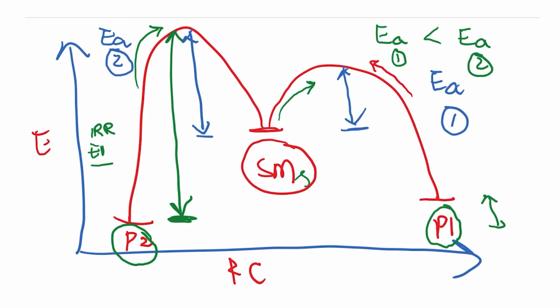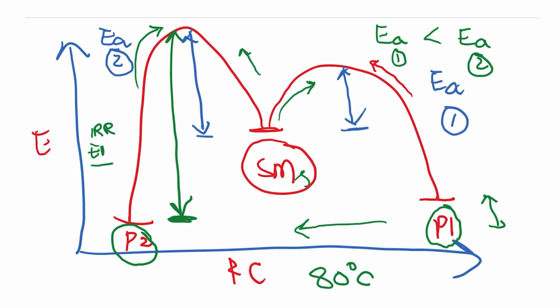Then a fairly large fraction of those molecules can cross this barrier and give you P2. But once they form P2, P2 doesn't have enough energy to come back to the starting materials, and therefore this reaction goes in this direction at 80 degrees centigrade. So this is a very important concept that all of you have to understand.